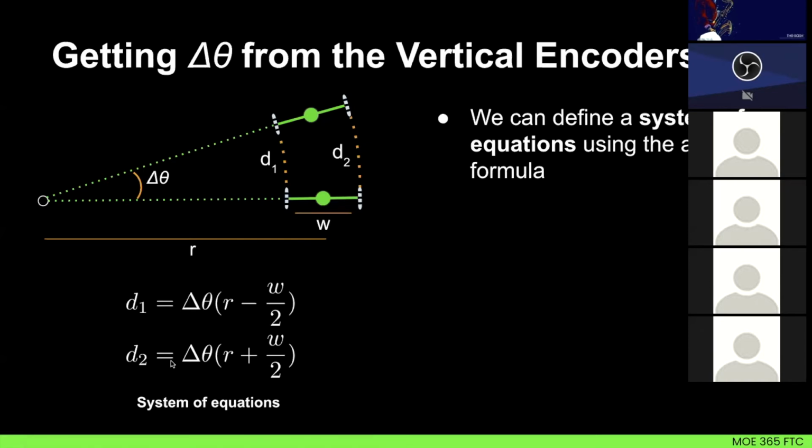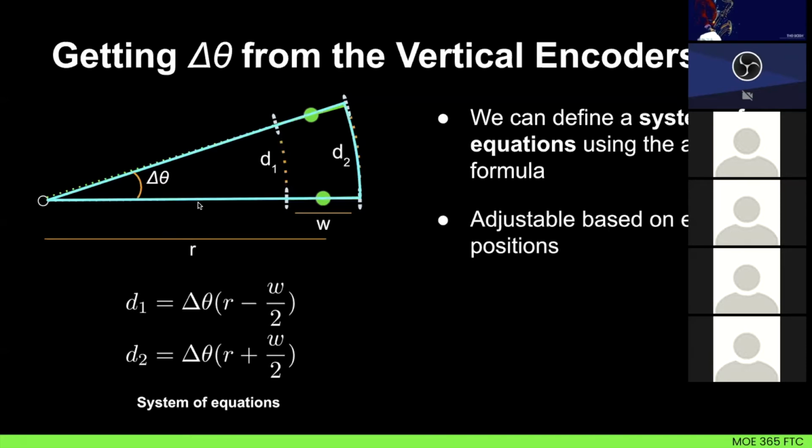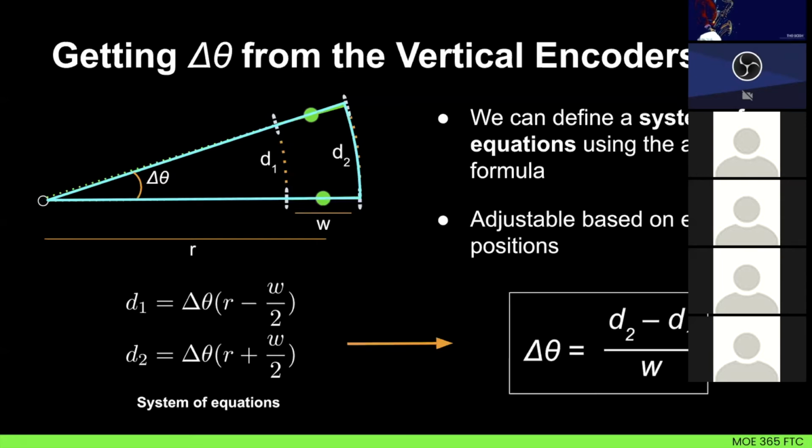And we can define the same thing for D2. D2 equals delta theta times R plus W over 2. Again, this is just the arc length formula. We have the radius of the arc, R plus W over 2, times delta theta. Using the system of equations, we can solve to find a convenient expression for what delta theta is.